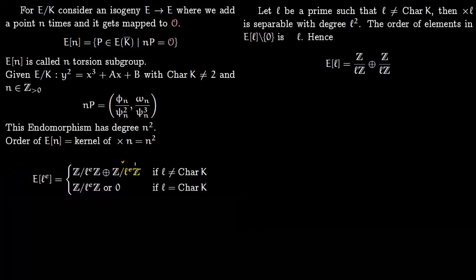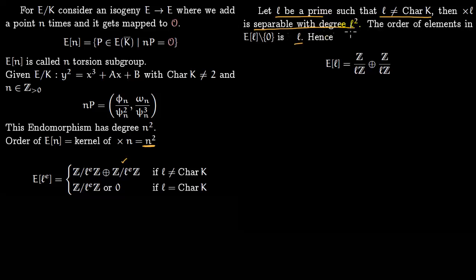So let us first focus on this part. So say l is a prime and l is not equal to the characteristic of the elliptic curve. So then the times-l map, that is you add the point l times, this is separable with degree l squared. So we will have this. You will take the degree l squared here instead of n squared. So this is a subgroup, so if you take 0 out of it, the order of the elements is l. So you can write E[l] as Z/lZ direct sum Z/lZ, because the degree is l squared.